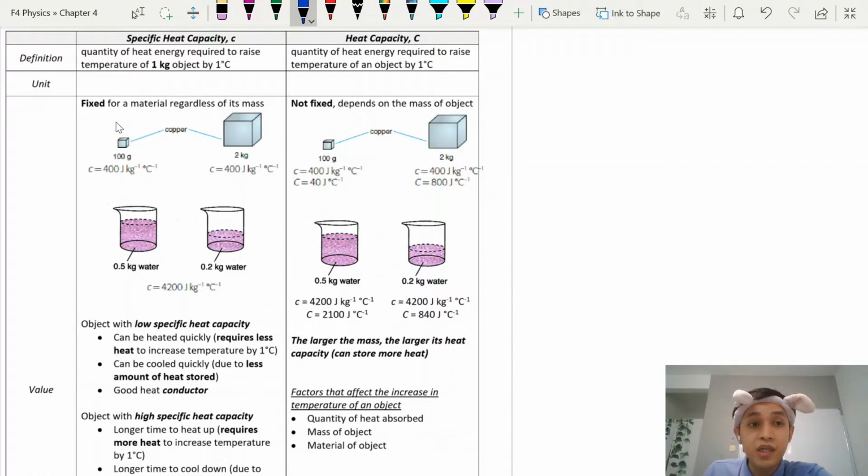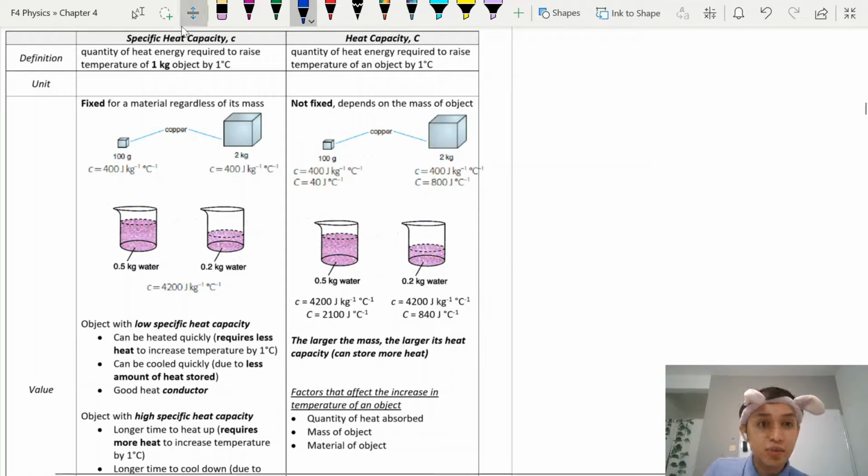For 1 kg of copper, if I want to increase by 1 degree Celsius, how much heat energy should I supply? That is your specific heat capacity.